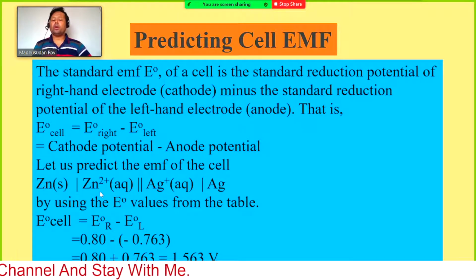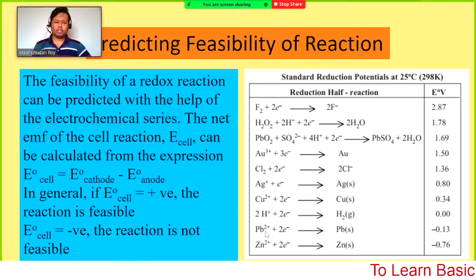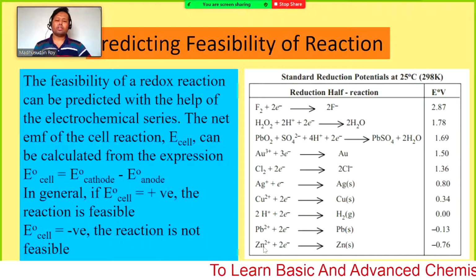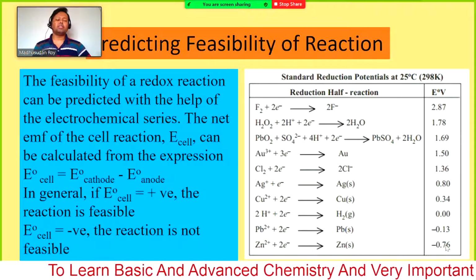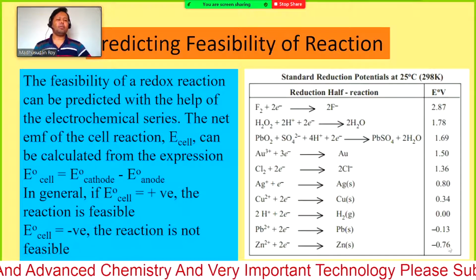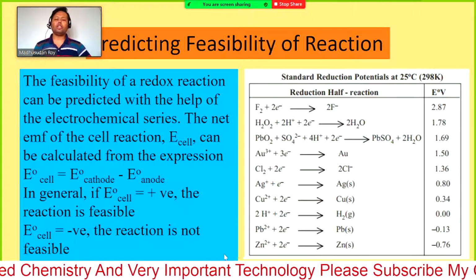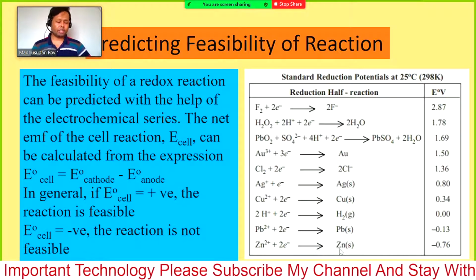So what is the reduction potential for zinc 2 plus? Let's see how much it is. This is zinc 2 plus, and the reduction potential for zinc is minus 0.76. So the reduction potential at the left hand electrode is minus 0.76.